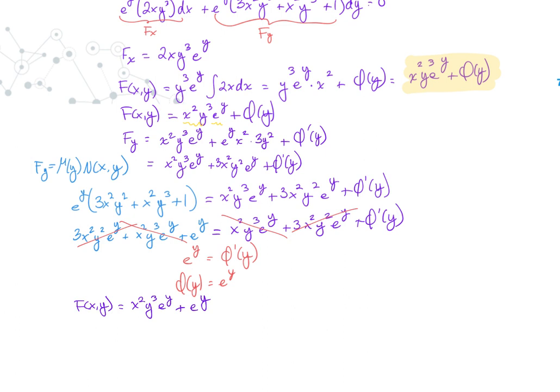And our last step is that we need to make it equal to c. So we said f of xy equal to c. So we end up with x squared y cubed e to the y plus e to the y equals C. And there is no way to separate out the y's here, so we will leave it in this manner. So we'll leave it as an implicit solution.